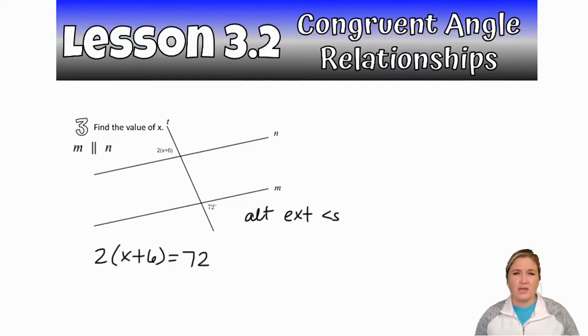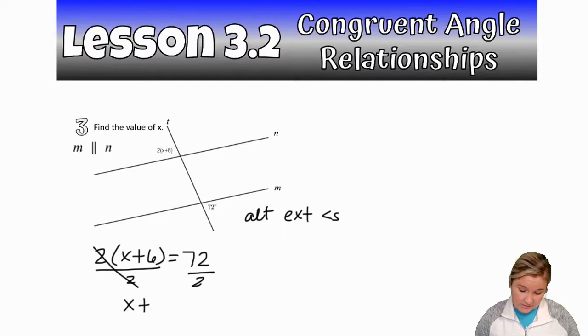There's a couple ways you can solve this. I'm going to show you a way you may not have thought of before. I know this is 2 times x plus 6. So to undo times, I'm actually going to undo times first because it's outside the parentheses. I can't do that if it's right next to the variable, but I can do it if it's right outside the parentheses, instead of distributing and then later moving everything else over. I can start off by dividing by 2. I get rid of that 2 out front. Then I'm just left with x plus 6 is equal to 36.